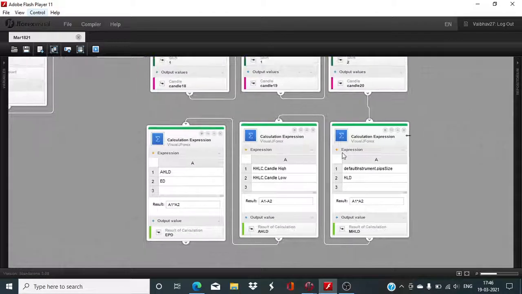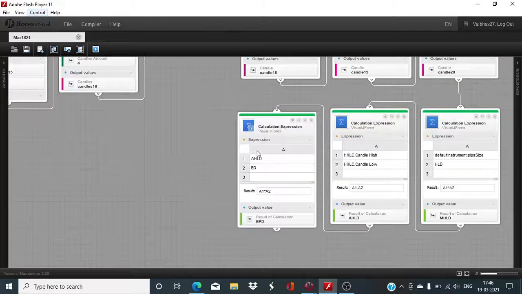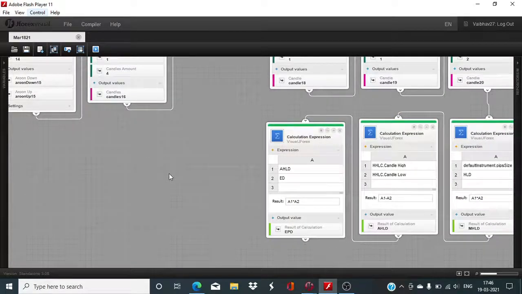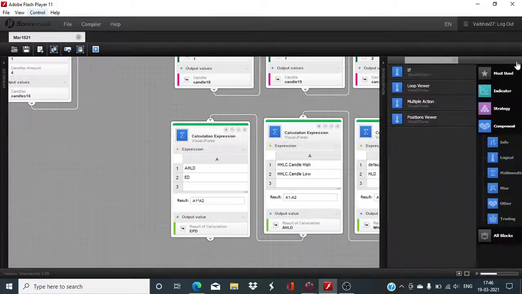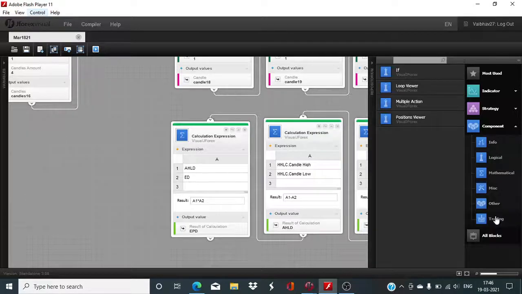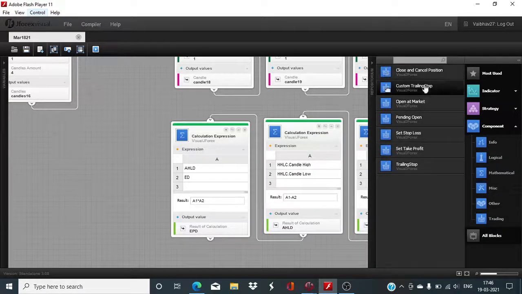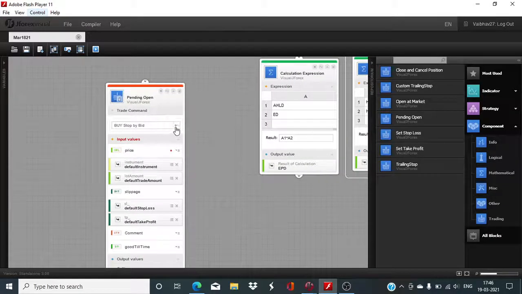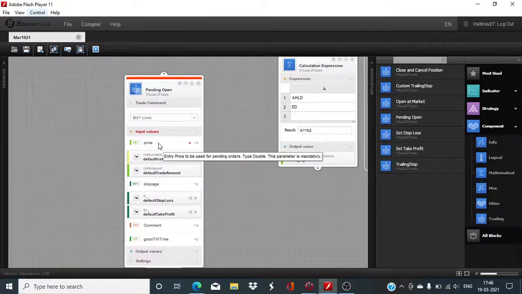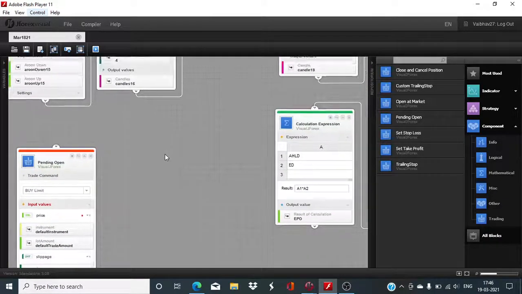Here we had defined the difference, which was 25% of the high low difference, and now we will have to actually deduct it from the last tick price. So first I will get the pending open order, then we will define its buy price. Okay, trading block, and here is the pending open. There is going to be a buy limit order, and the price needs to be defined.